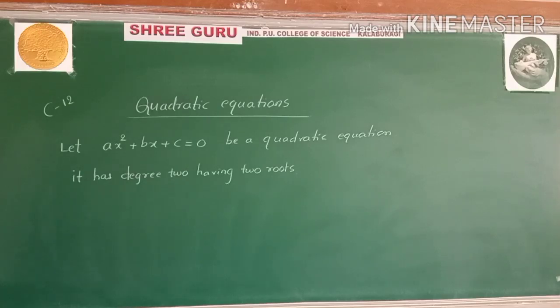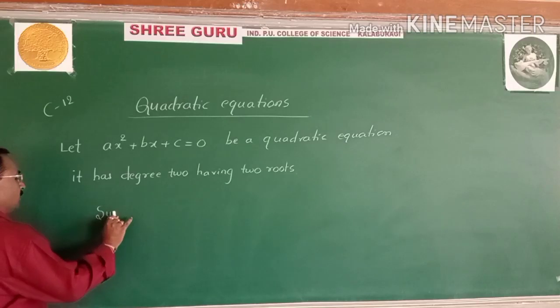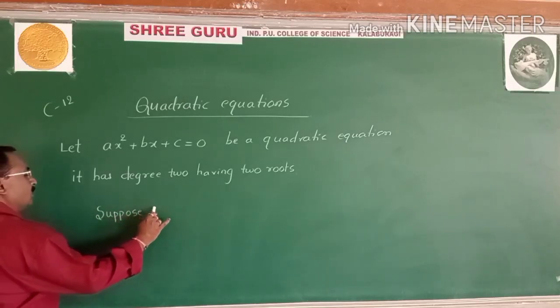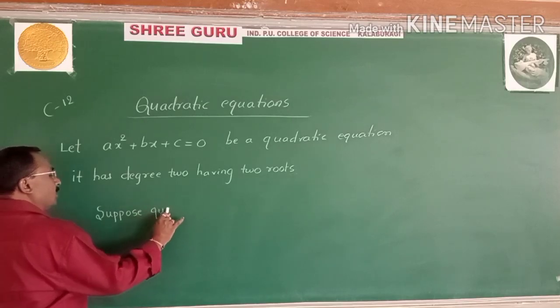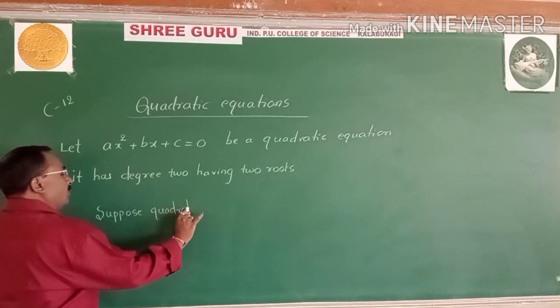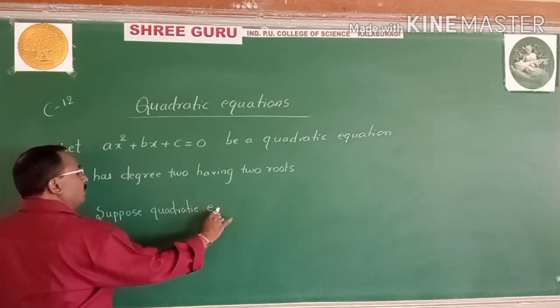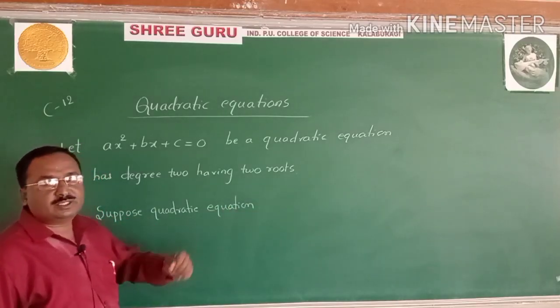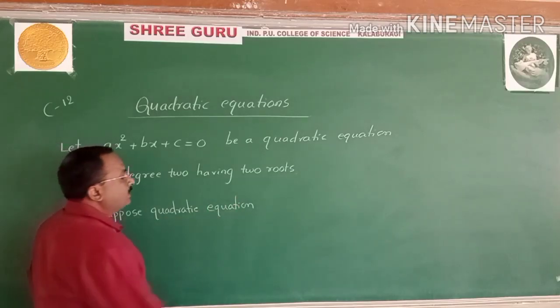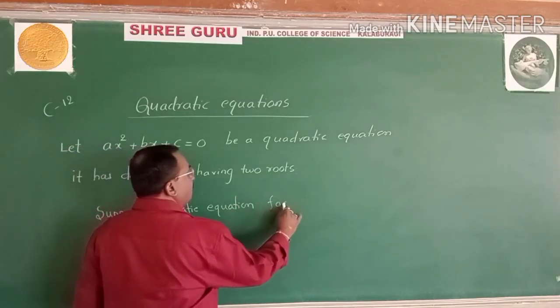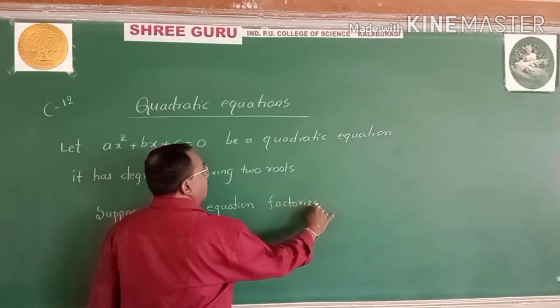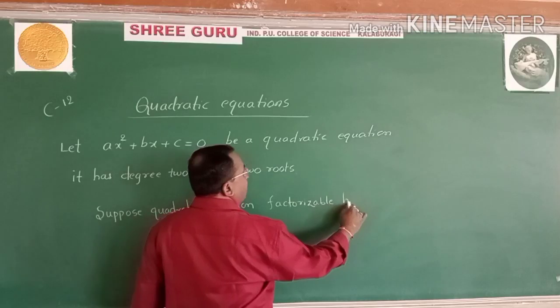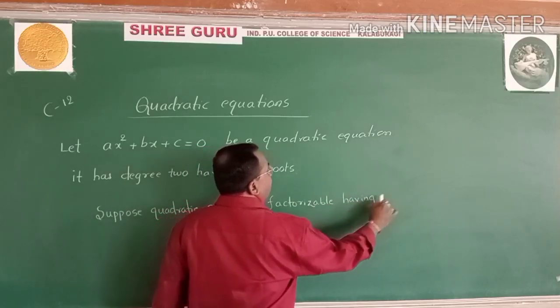That is, here suppose a quadratic equation is factorizable, so having the roots, having factors.